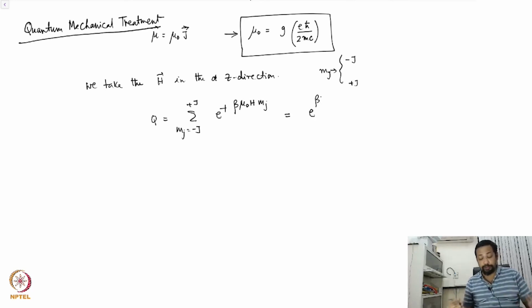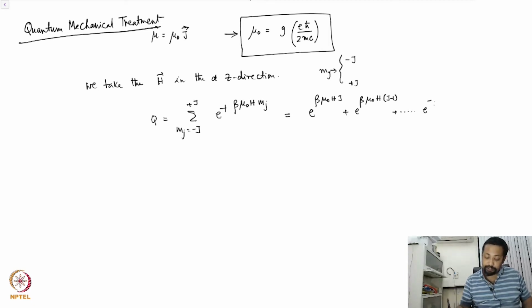Now one has to just write down the whole terms. So it runs from e to the power beta mu naught h j, plus e to the power beta mu naught h (j minus 1), and so on and so forth, to e to the power minus beta mu naught h j.